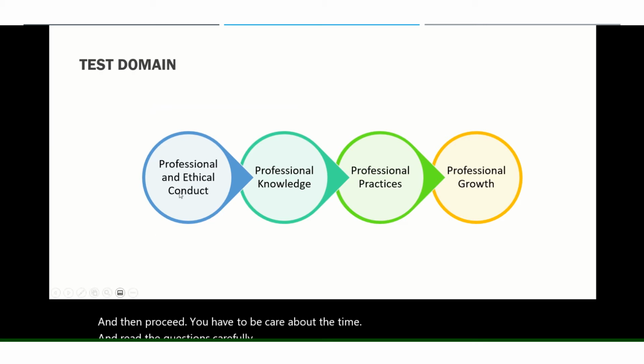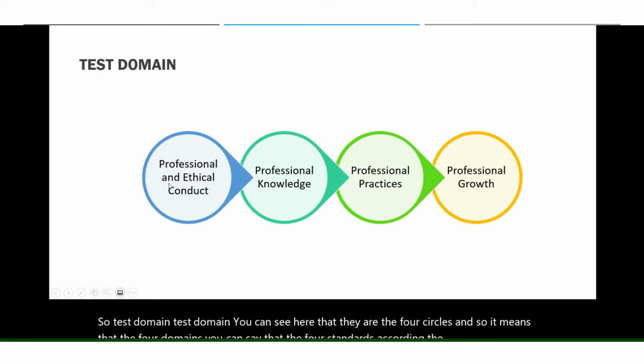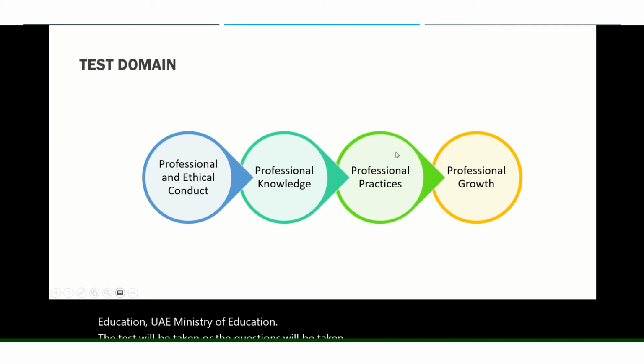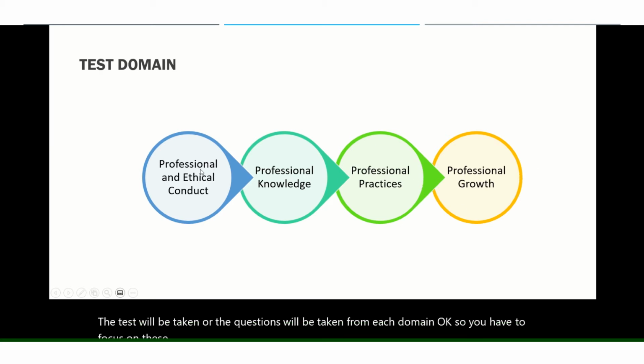So the test domains. You can see here that there are 4 circles, which means 4 domains. You can say the 4 standards according to the UAE Ministry of Education, that the questions will be taken from each domain. So you have to focus on these 4 domains. Number 1 is professional and ethical conduct.